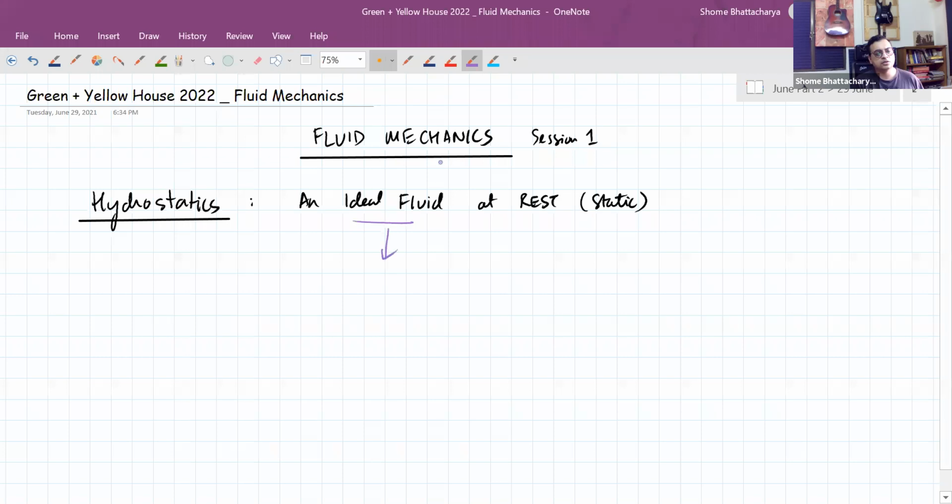An ideal fluid has two important properties. A fluid which is, first of all, incompressible, that means it cannot be compressed.